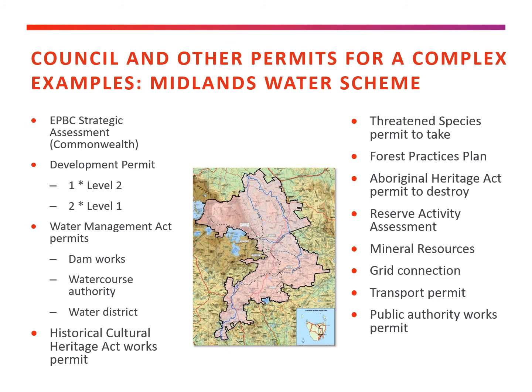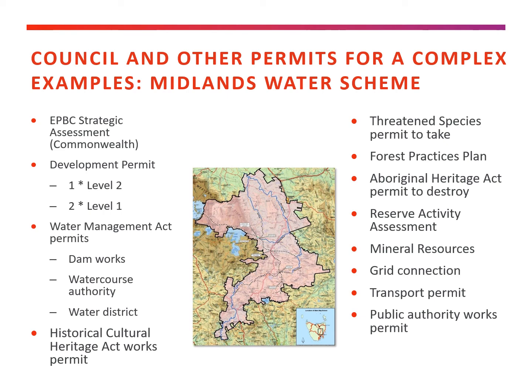So this is an example of the Midlands Water Scheme to give you an idea of a big project where basically every possible permit that you could get needed to be sought. There needed to be a strategic assessment, a different type of assessment under the Commonwealth.